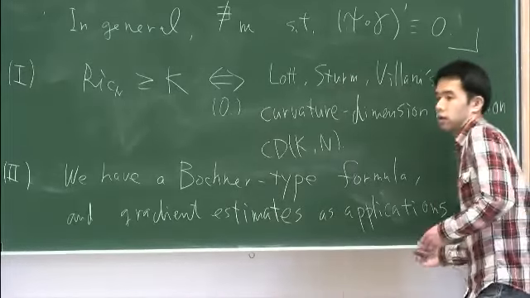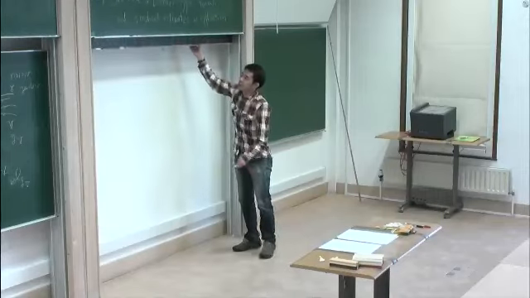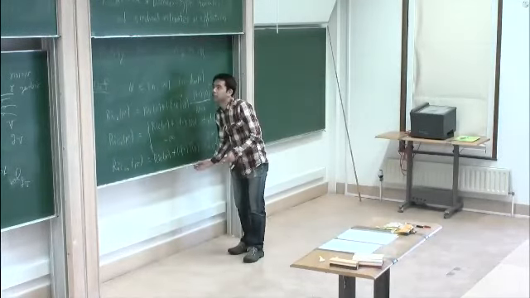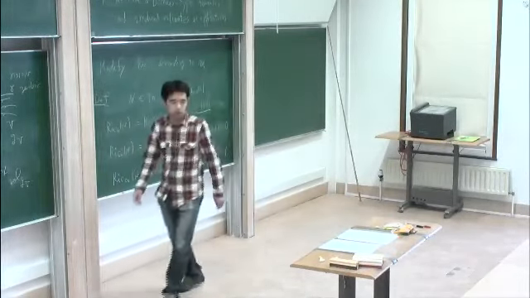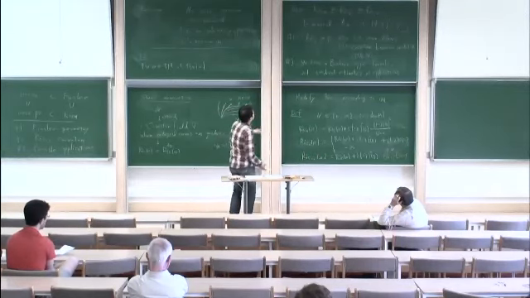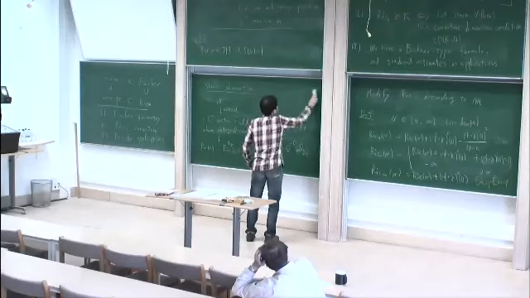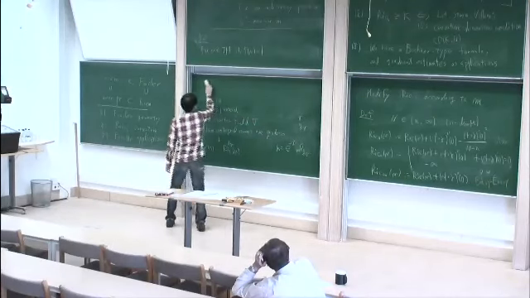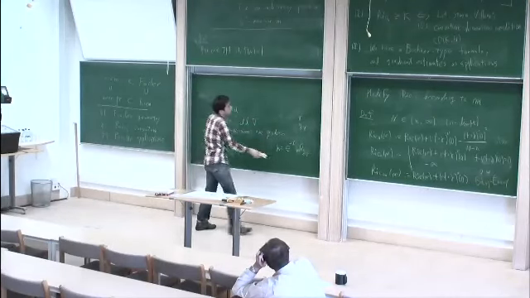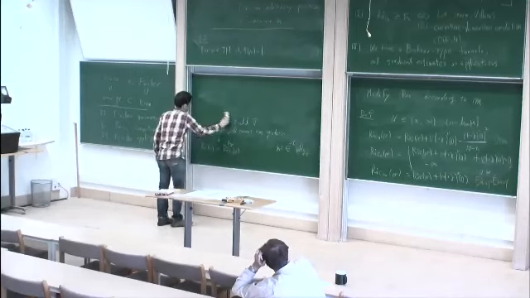Okay, so this is a very natural quantity, and I will explain mainly the curvature-dimension condition, because this is a very beautiful theory connecting Ricci curvature and optimal transport theory.